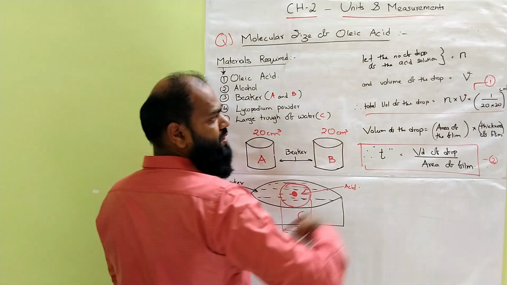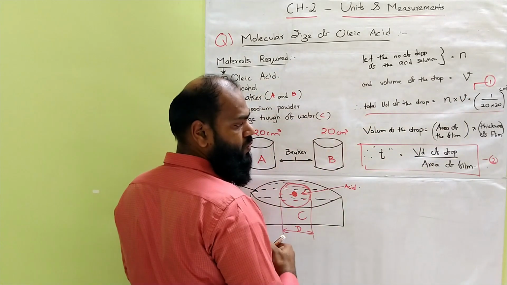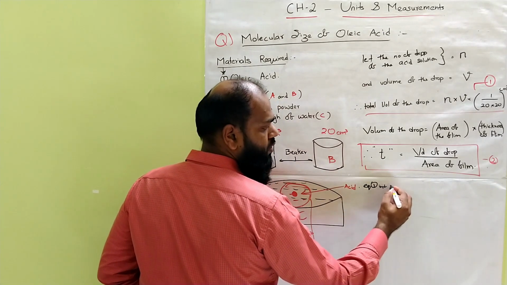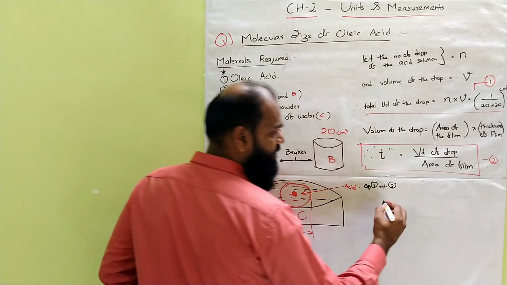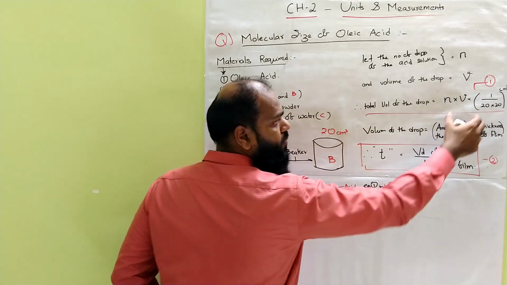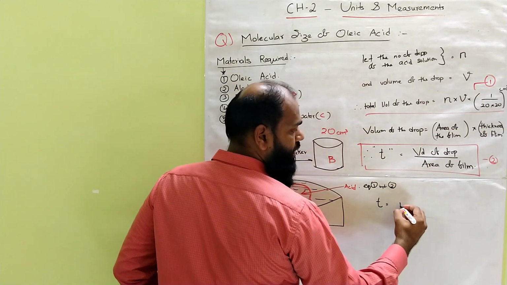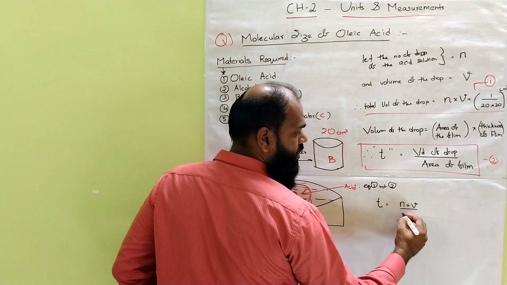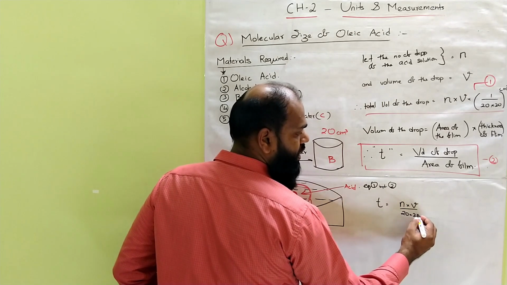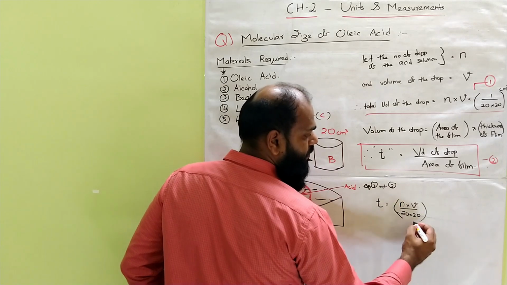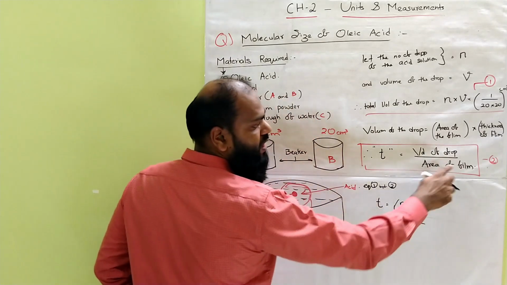And finally, if I substitute equation 1 into equation 2, what we get is thickness T is equal to volume of the drop, this one, N into V divided by 20 into 20, the whole divided by area of the film.